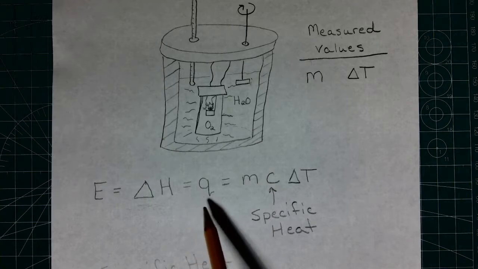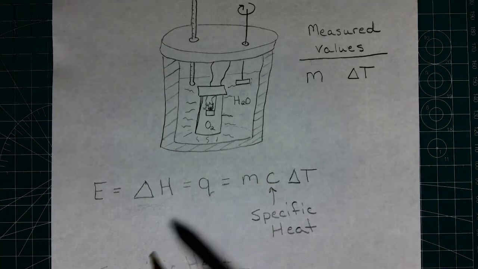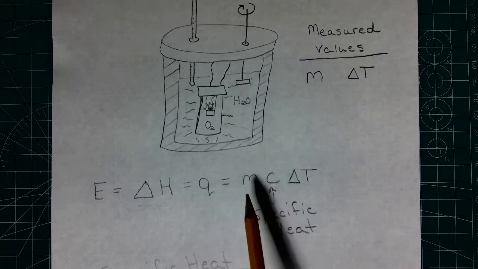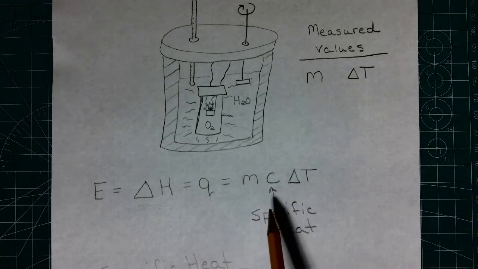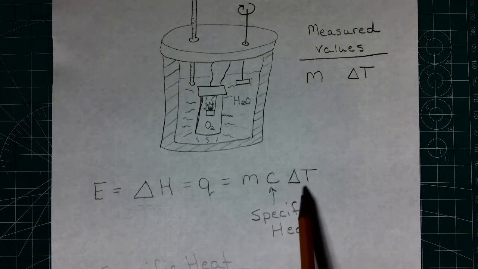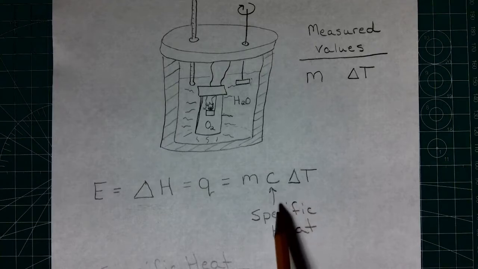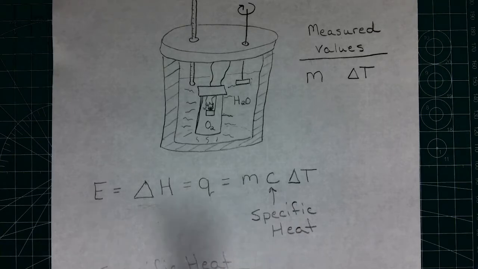It's also going to be equal to the heat that was released, okay? And we can calculate it using this equation where we have the mass of the food times C times the change in temperature. Now C here is called specific heat.